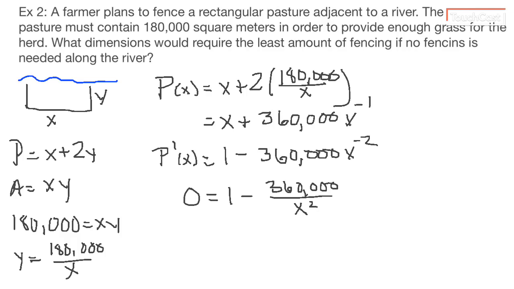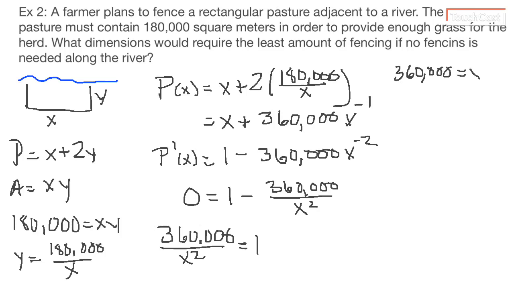I'm going to add the 360,000 over x squared to both sides. 360,000 divided by x squared is going to equal 1. Now I can multiply both sides by x squared to get that out of the denominator. So we have 360,000 is equal to x squared.